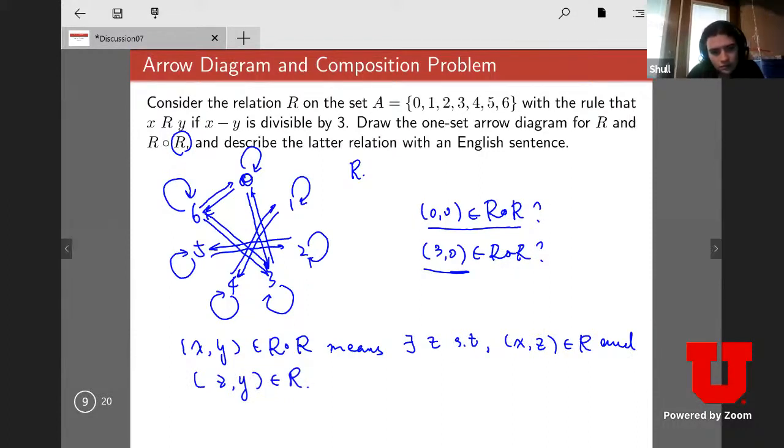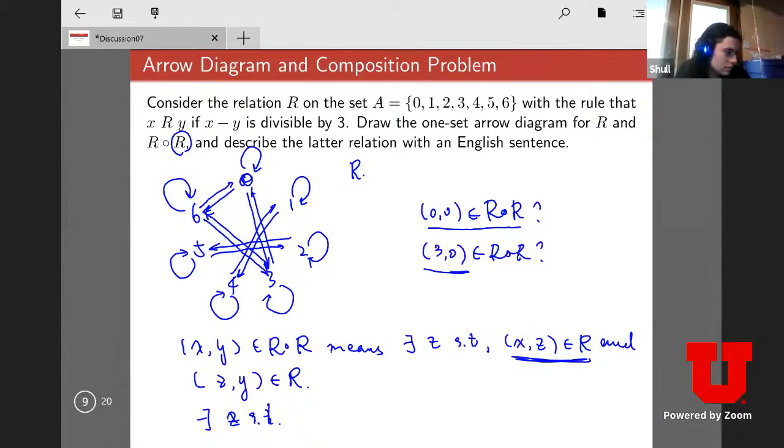And then how do we write these in English sentences? We're going to keep going one more step. It means that there exists Z such that we substitute whatever the relationship means. The relationship means X minus Y is divisible by 3, right?